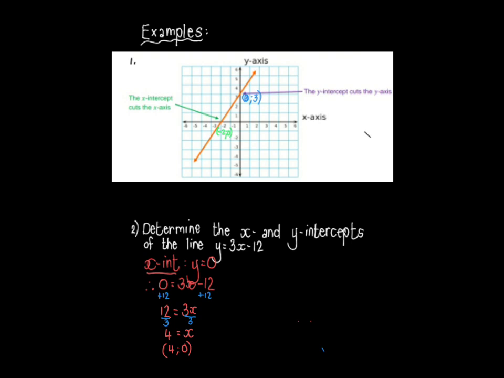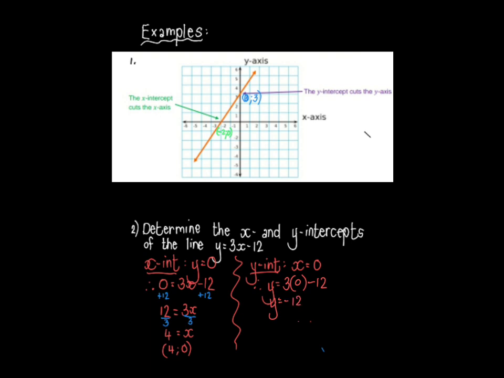All right. And then for our y-intercept, let me do this separately here. We get that x is 0. So, in the equation, remember, same equation, it's the same graph, y would be equal to 3 times 0 minus 12, and therefore y is equal to negative 12.